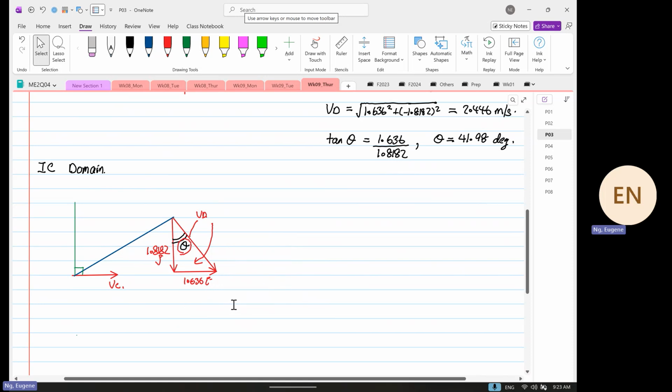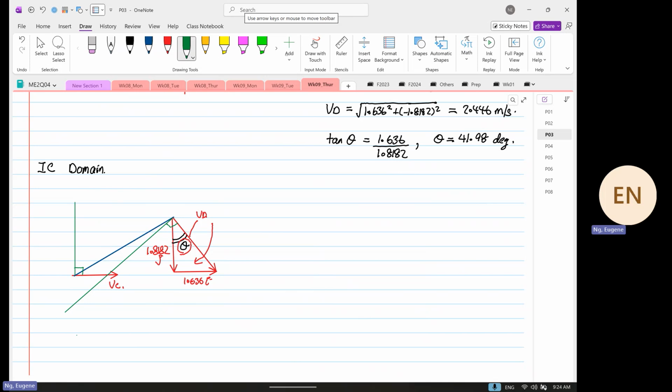So now we have this at 41. Let's see. I want to see if there's an assumption I made that's wrong. So this is the orientation, and then I draw a 90 degrees line. So we have 90 degrees here.